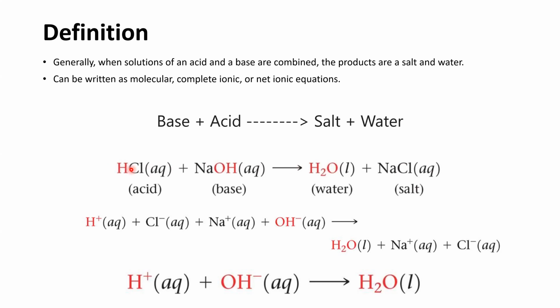This is a solution of HCl, and this is a solution of sodium hydroxide. We are combining these two and getting the product, and L is mentioning that this product is in a liquid state. This is a physical state, meaning in what physical state our compound would be.